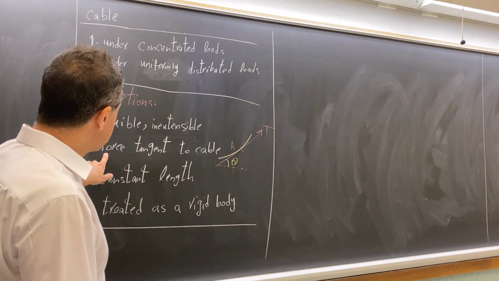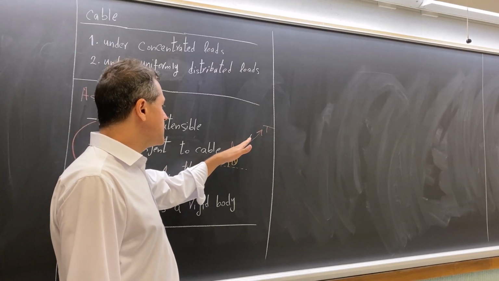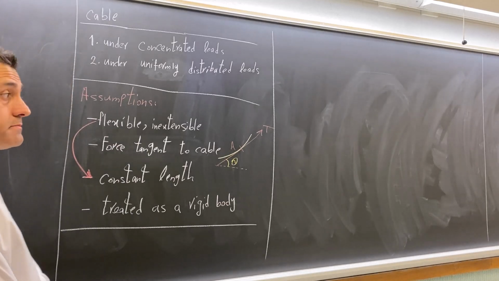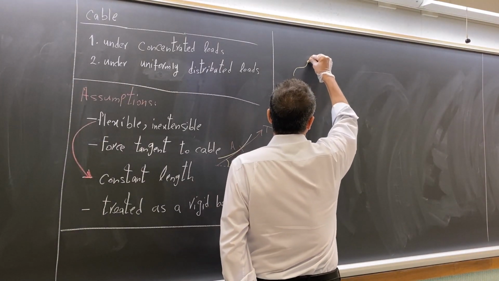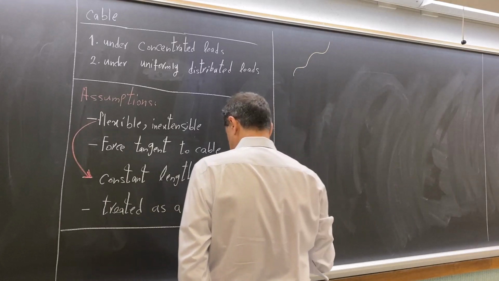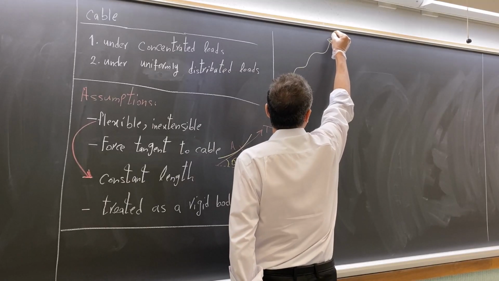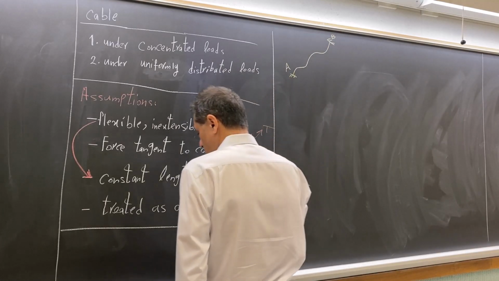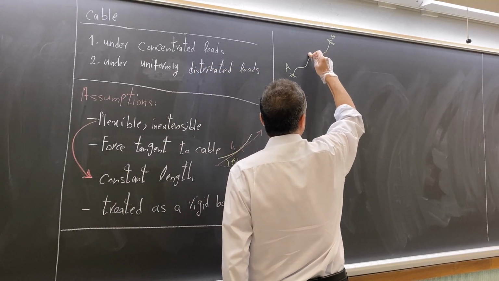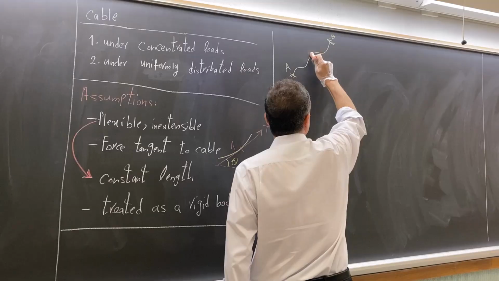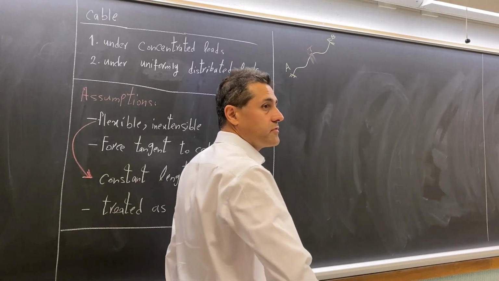The force through the cable is always tangent to the curve of the cable. So if this is the cable between point A and point B, and you want to cut this cable somewhere, for example here, to find the internal force, then that force is tangent to the curve.